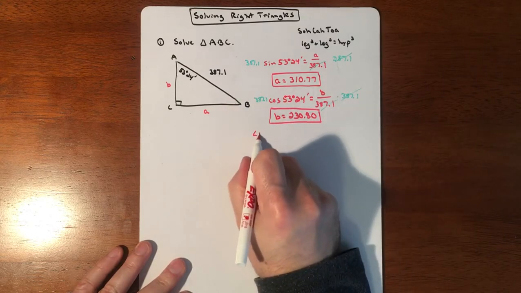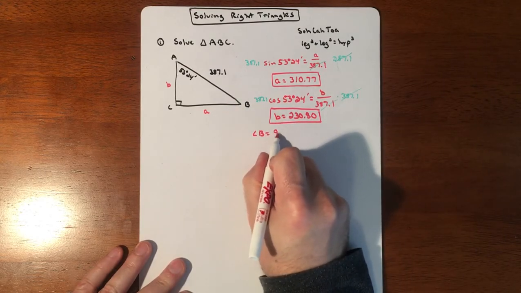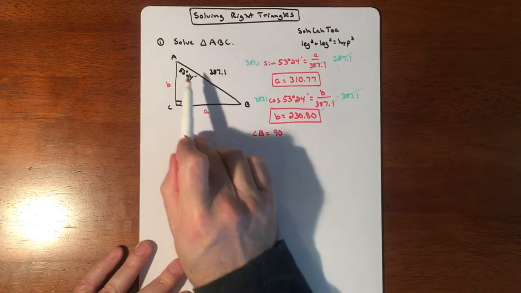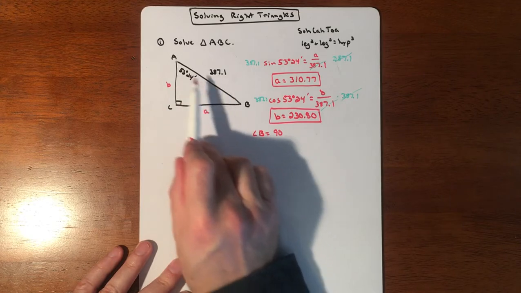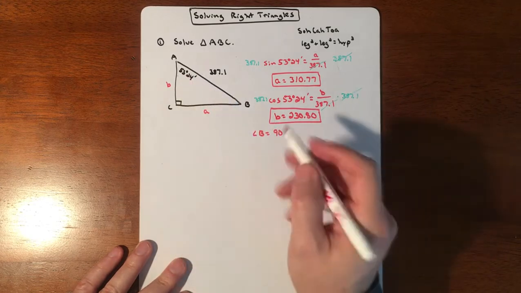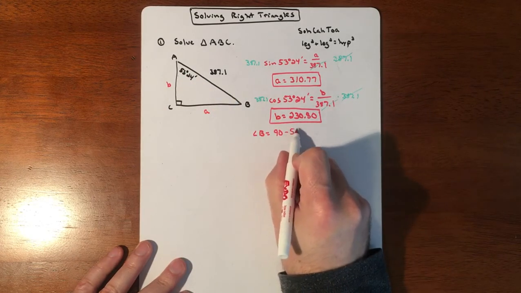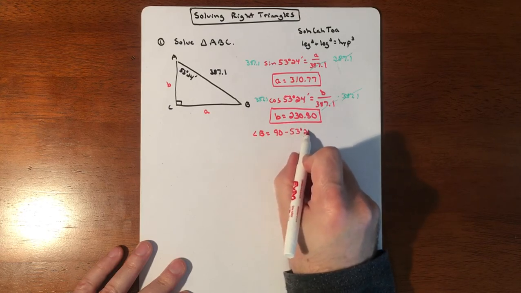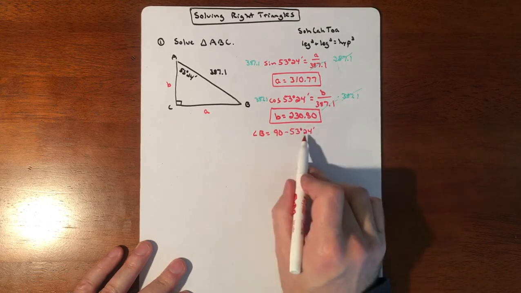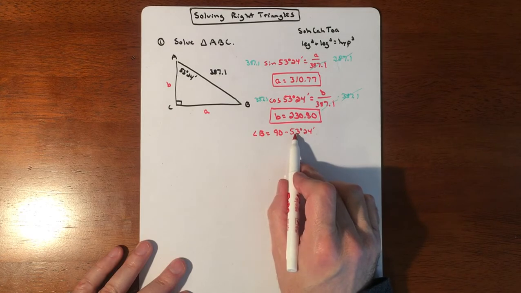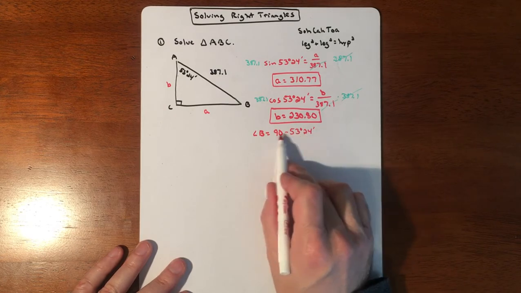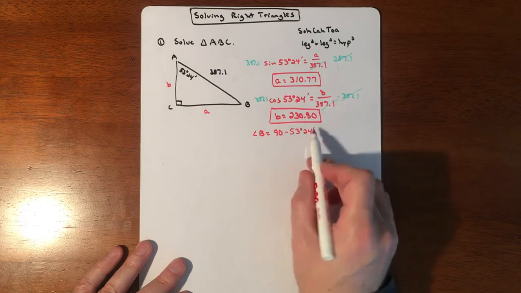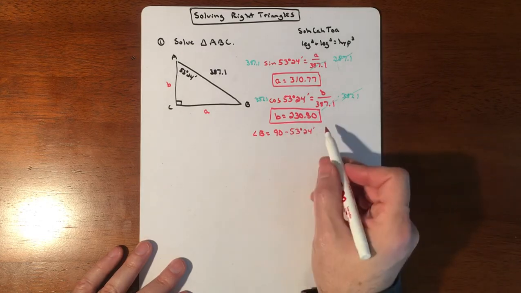So angle B is going to equal, all triangles make 180. 90 degrees is already spoken for, so between these two we have 90 degrees left. So we could take 90 minus 53 degrees, 24 minutes. And by all means, you could use your calculator for this. You'd have to do 53 degrees, 24 minutes. However, your calculator is going to give you a decimal version, so then you have to convert it back into minutes and seconds.